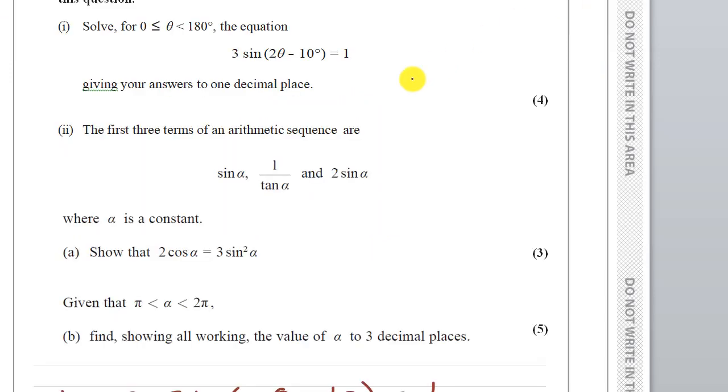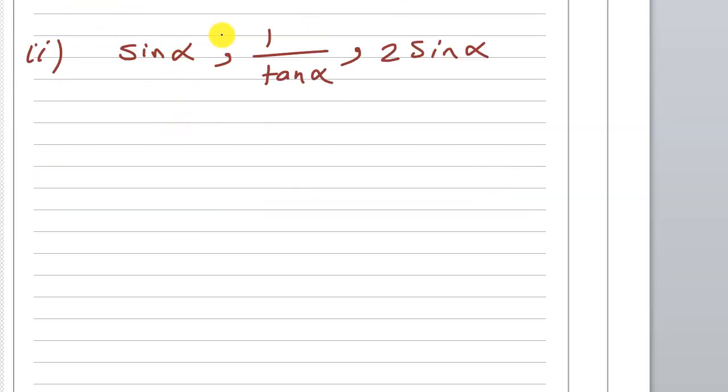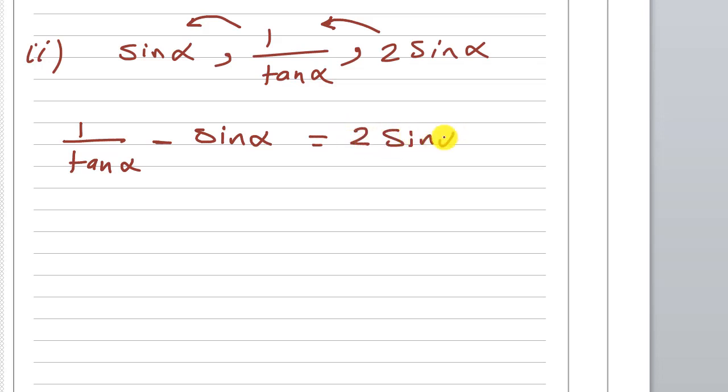Let us go ahead. Now the first three terms of an arithmetic sequence are sine alpha, 1 divided by tan alpha and 2 sine alpha. Show that 2 cosine alpha is equal to 3 sine squared alpha. We know that in the arithmetic series, this one minus this one is equal to this one minus this one. So 1 divided by tan alpha minus sine alpha equal to 2 sine alpha minus 1 divided by tan alpha.